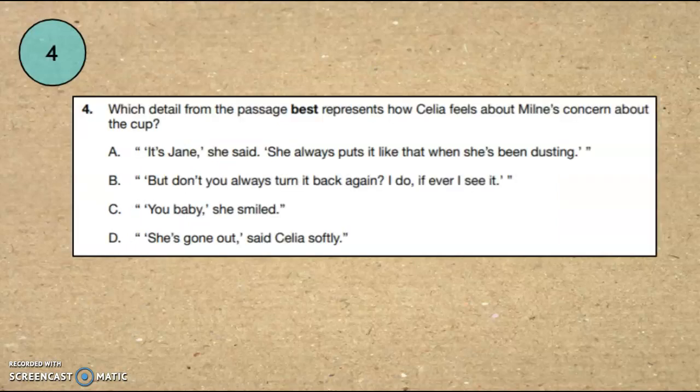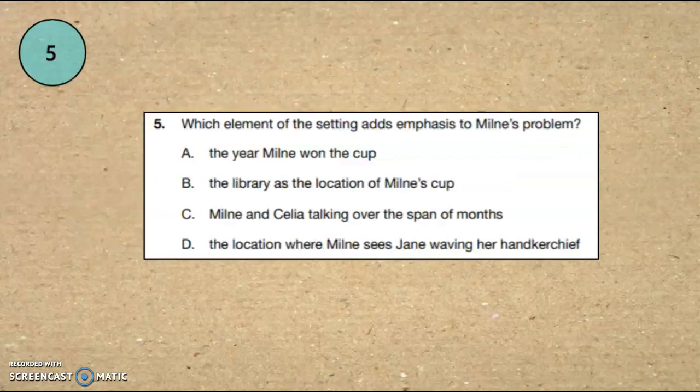Number four, which detail from the passage best represents how Celia feels about Milne's concern about the cup? Number five, which element of the setting adds emphasis to Milne's problem?